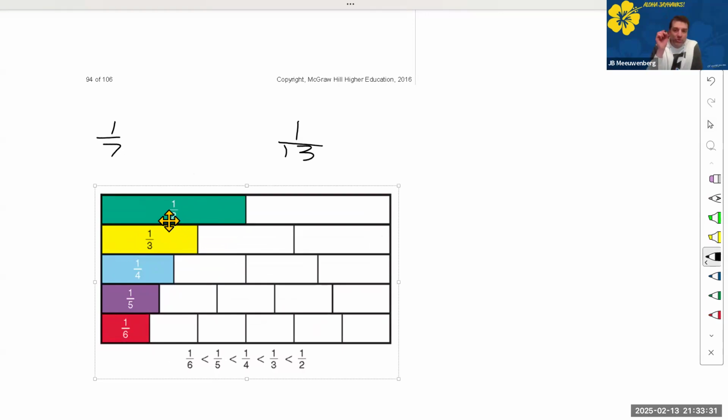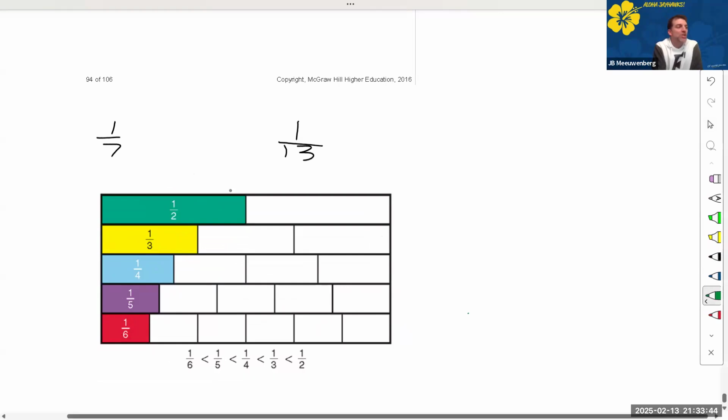And we saw that as long as the numerator stayed constant as a 1, as the denominators got bigger, there had to be more pieces, so the size of each chunk got smaller.